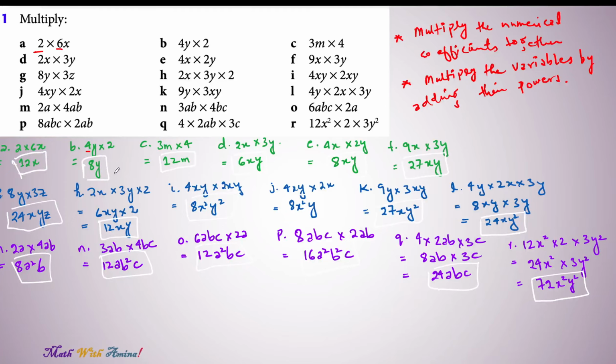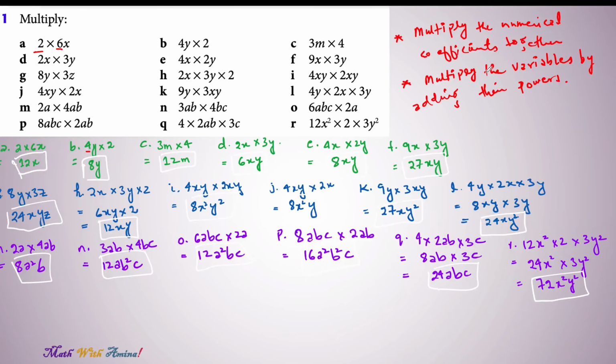It will be the answer for this expression. Then we are having 3m multiplied by 4. Here 3 is the coefficient of m, and 4 is the constant. So the coefficient will get multiplied with the constant. 3 multiplied by 4 is equal to 12, and the variable will be written as it is.